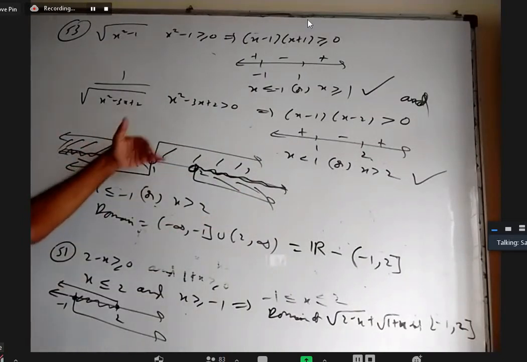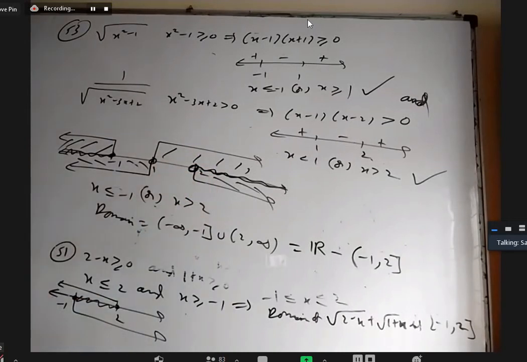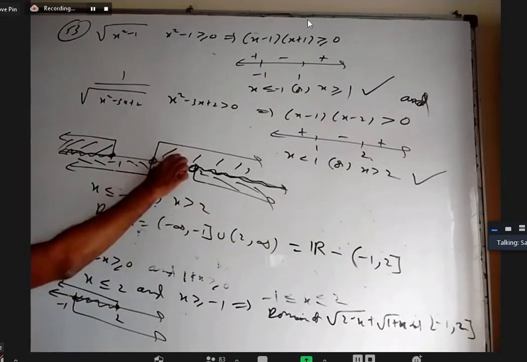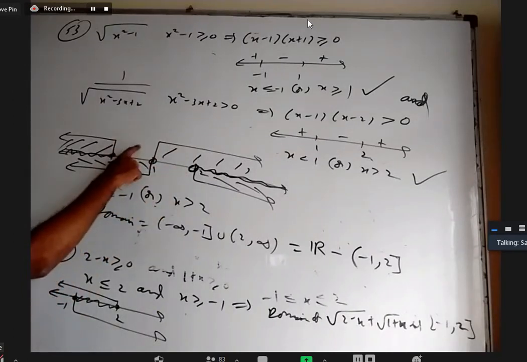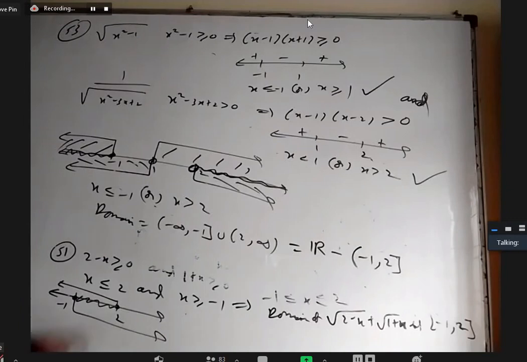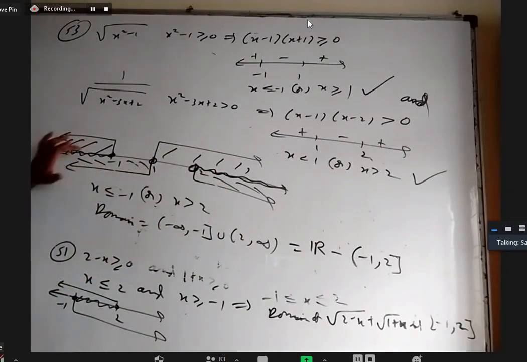What is the common region where I should have both shadings? 1 to 2 is not okay, because this region is there, this region is not there. Minus 1 to 1 is not okay because here it is not there. After 2 everything is okay because both regions are there. Before minus 1 everything is okay because both regions are there. Is it okay now? Yes, sir.